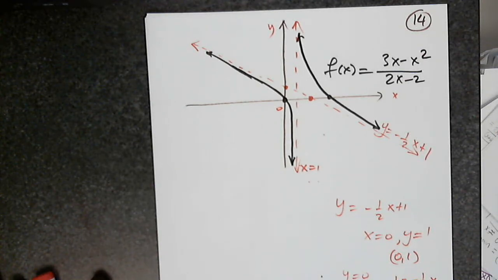Okay, so with a graphing calculator, let's go to y equals. Clear. I have to put in the slant asymptote, because the calculator will not. So I'm going to write negative 0.5 x plus 1. And the function was, parentheses for the top, 3x minus x squared, close the parenthesis and divide by parentheses again, 2x minus 2.